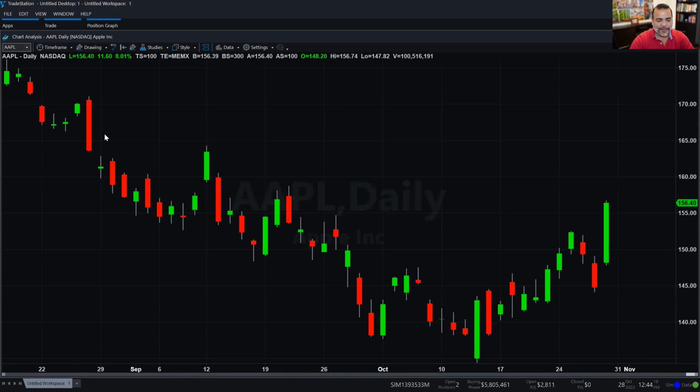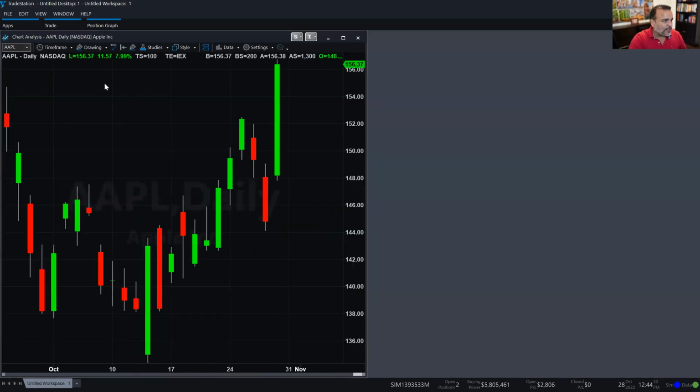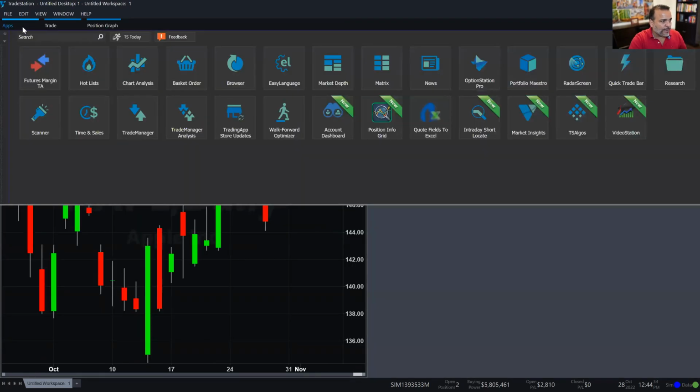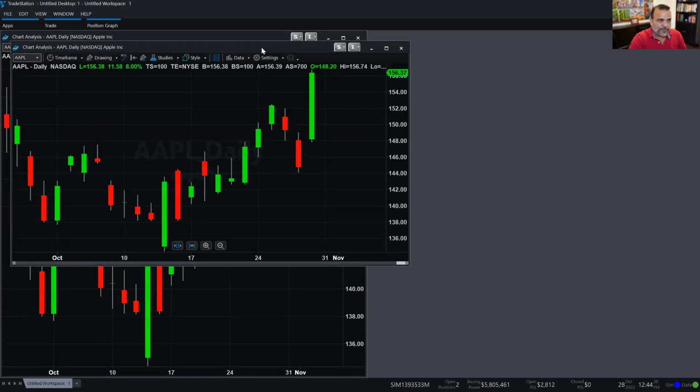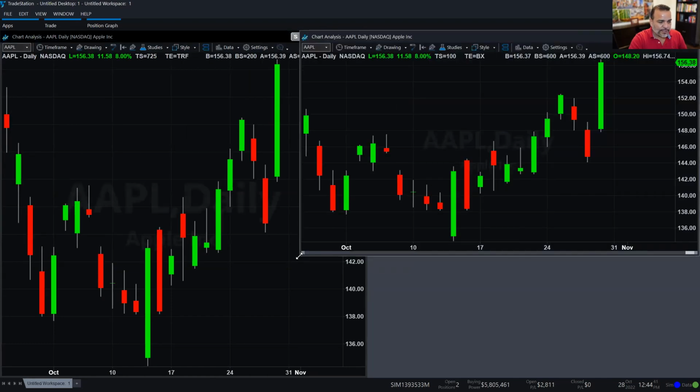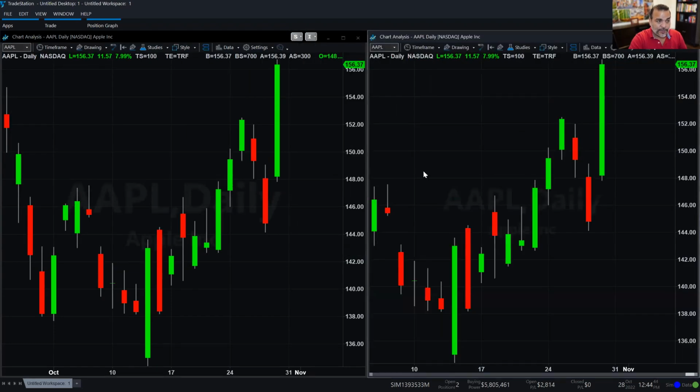Daily is the same. This would be the same chart that you would find created if you have a 390-minute. Not exactly. And let's see if I can find a small difference. I'm going to open up another chart here and take a look. These are some things that you may want to be aware of, especially if we're comparing daily to intraday.